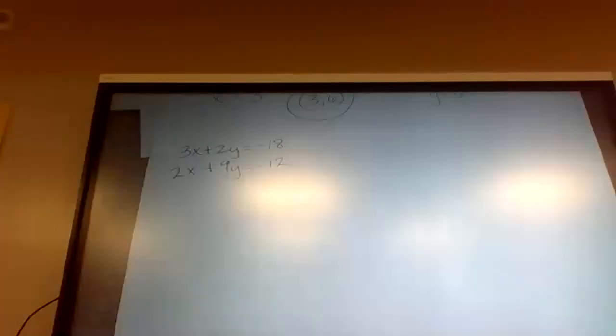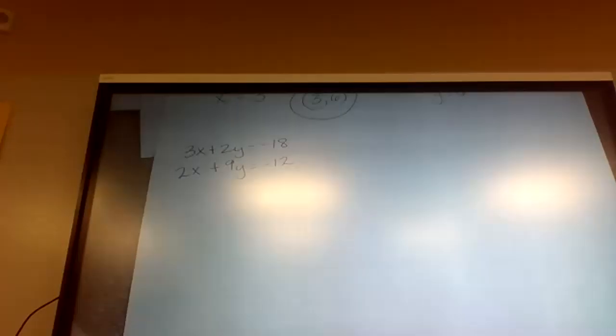Opposites, yes. So they'll be the same number. They'll just have opposite signs. One will be a positive, one will be a negative. Okay. Do they have to be the same number? It has to be the same number, like 5 and negative 5.